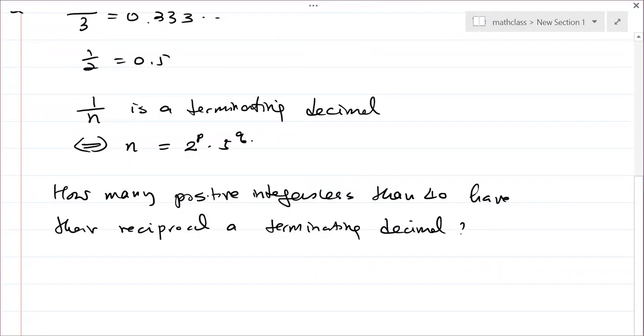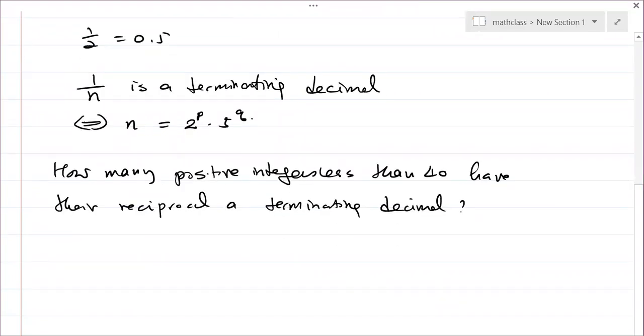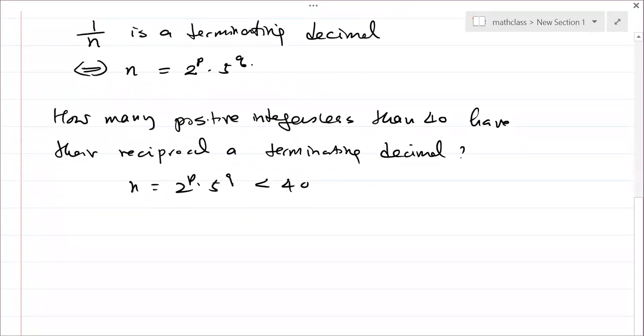To solve this problem, you just need to find all the numbers in this form which are less than 40, where p and q are integers. So you can assume p is 0, then you get n is going to be 1, 5, 25.